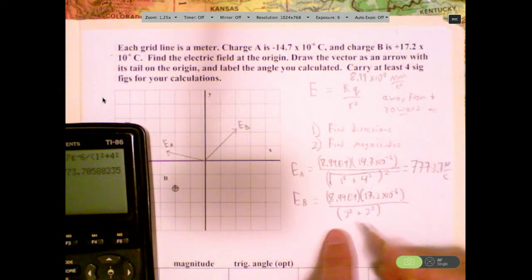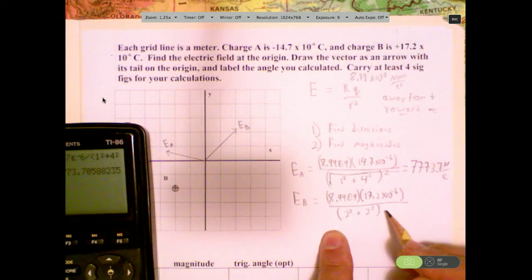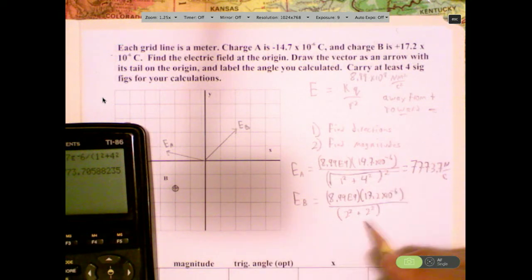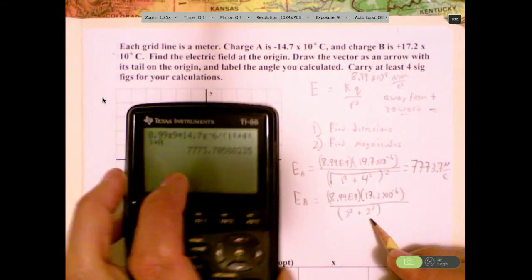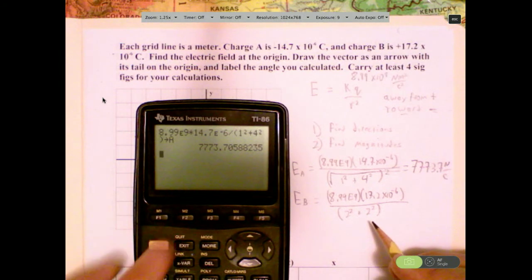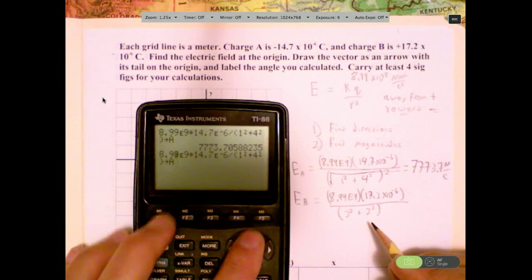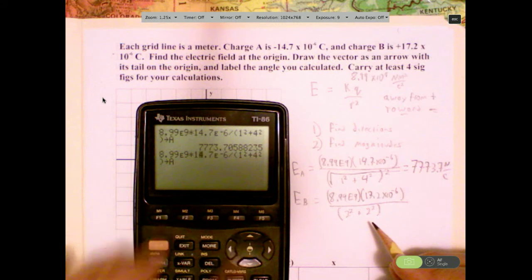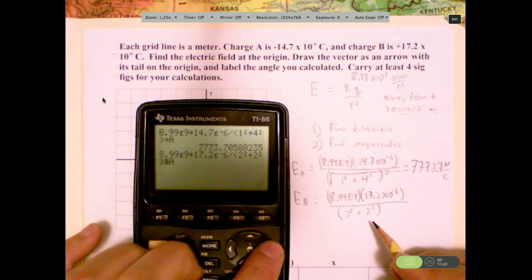Remember, that's the square root of 2 squared plus 2 squared, squared, which is why I can just do that. So that looks like this: 17.2, and then 2 squared and 2 squared. And I'm going to store that in B.